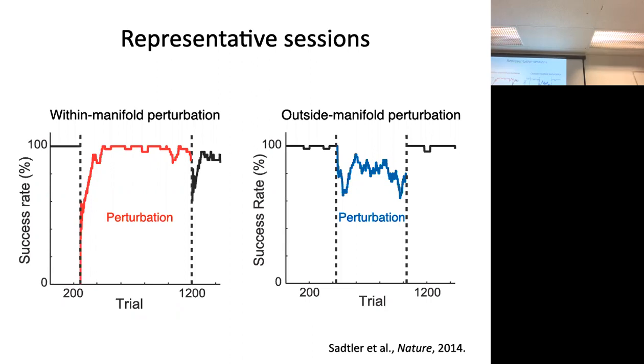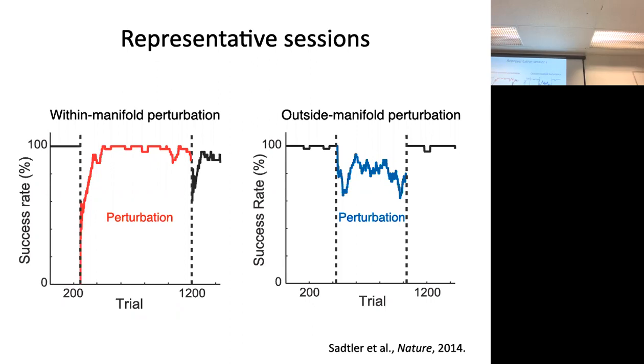So you just change the weights of all of these neurons. Exactly, that's one way of thinking about it. The velocity of the cursor is some linear combination of the activity of all the neurons, and each of these types of perturbations changes the weights of that linear combination in some specified way.